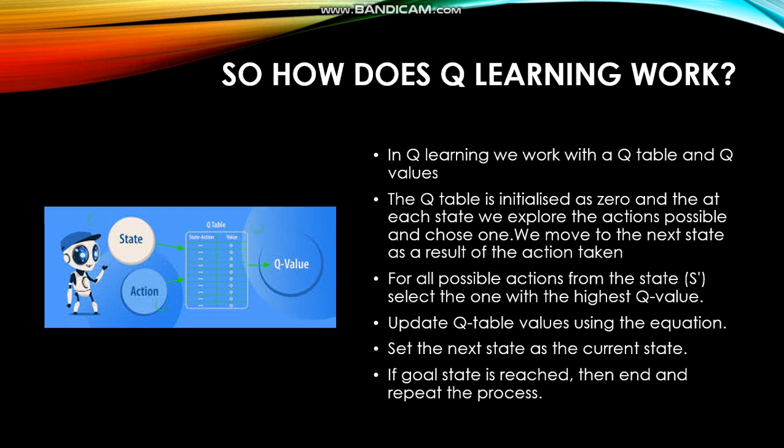When we perform the action, we move to the next state, which is a result of the action taken. For all possible actions from the state, we select the one with the highest Q value and update the Q table using the equation. We set the next state as the current state as we move forth. If the goal state is reached, that's the end, and we repeat the process.